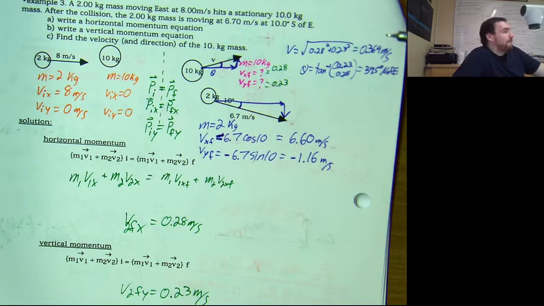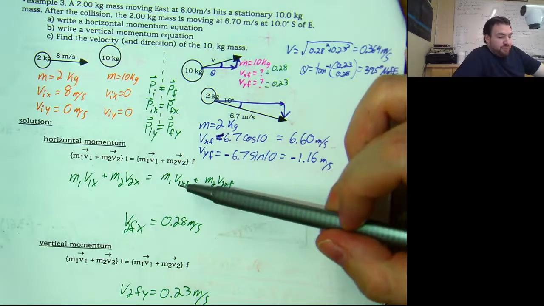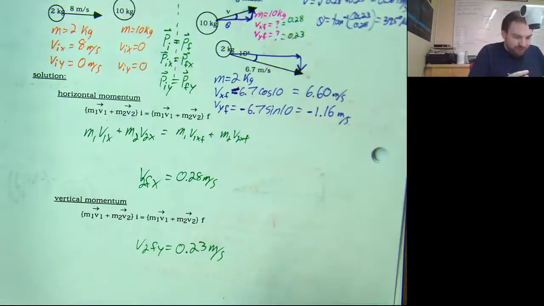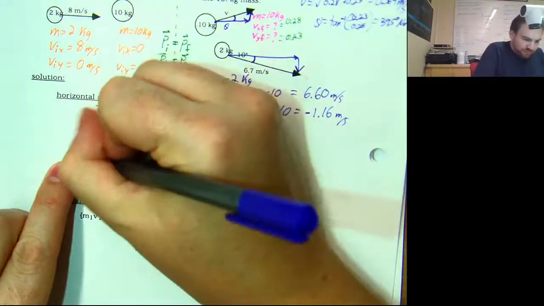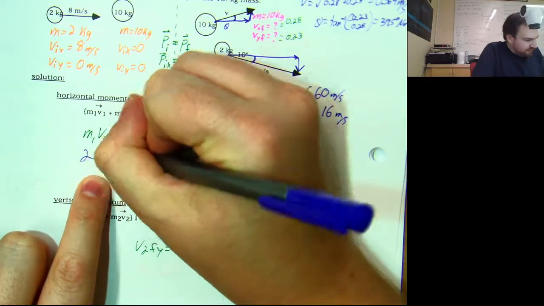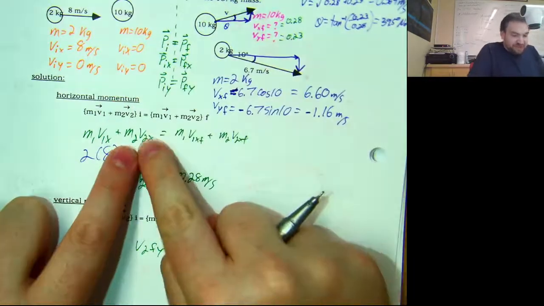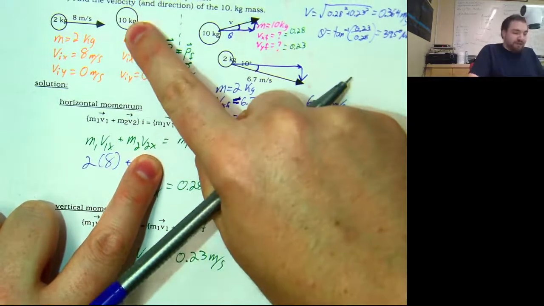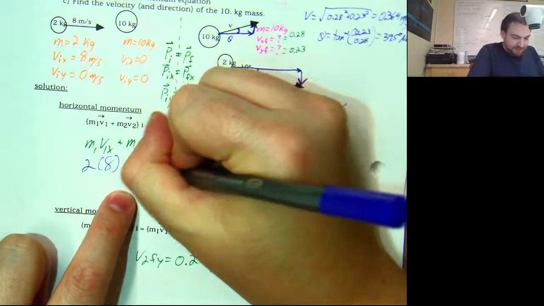For V2 final X. Okay. So mass here is 2. V1X initially is 8. This is 0 because there is no velocity in the X direction for our 10 kilogram mass. So 10 times 0.